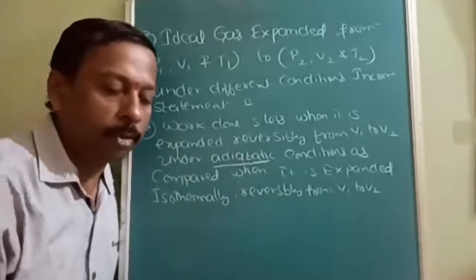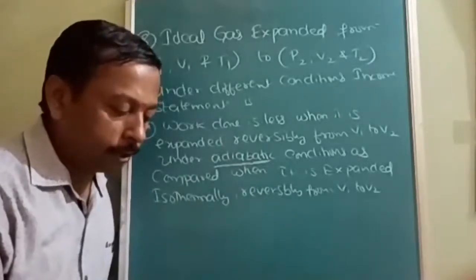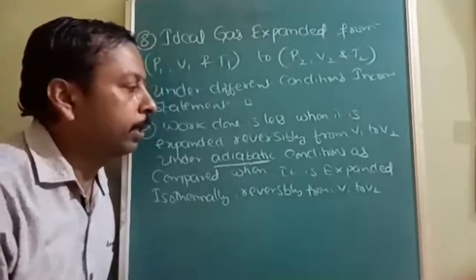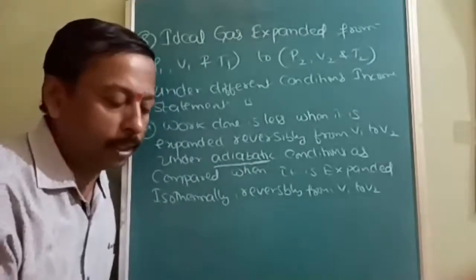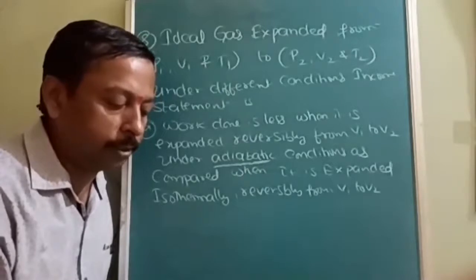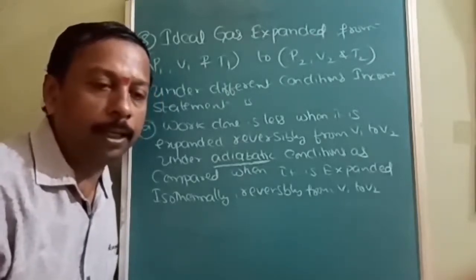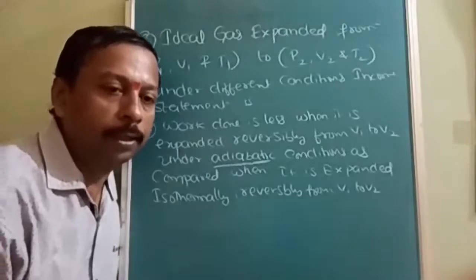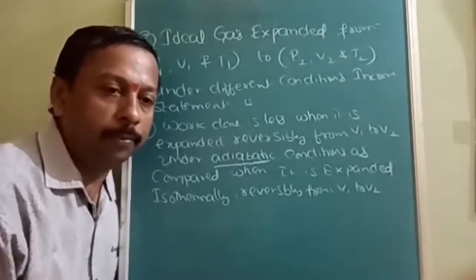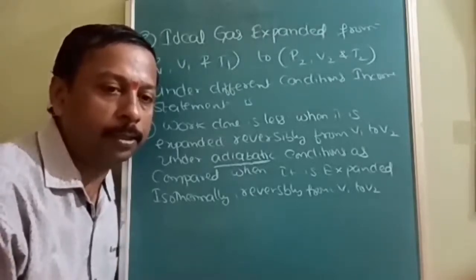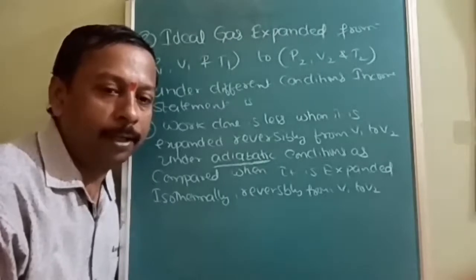Okay. So in this question, it is given that the adiabatic work done is less and the isothermal work done is more. Is this correct or wrong? Everything else is the same. Where will the work done be less?